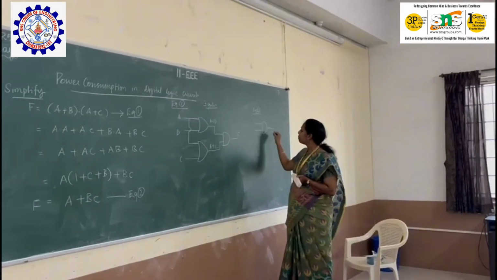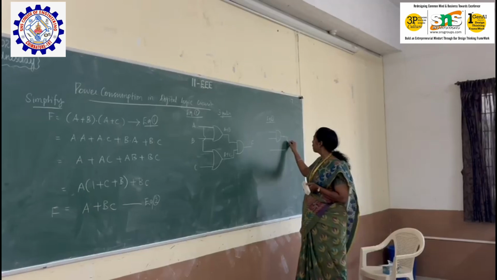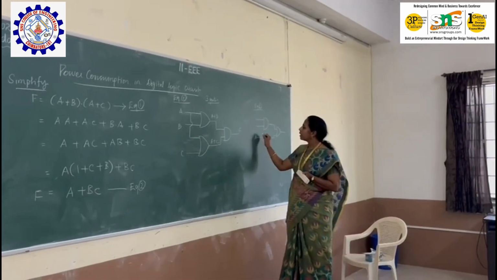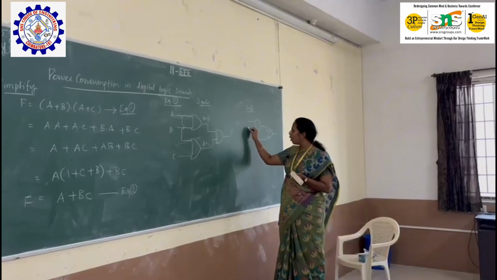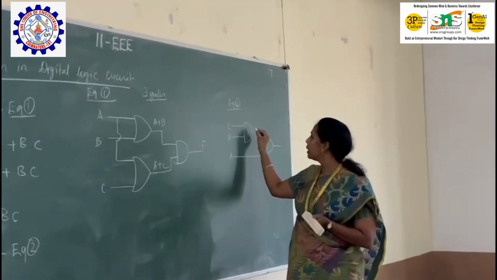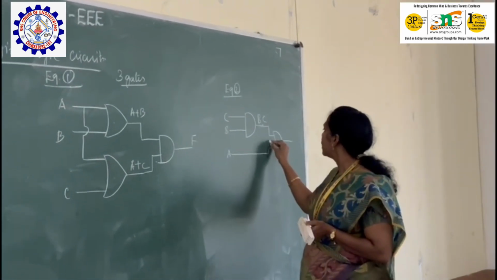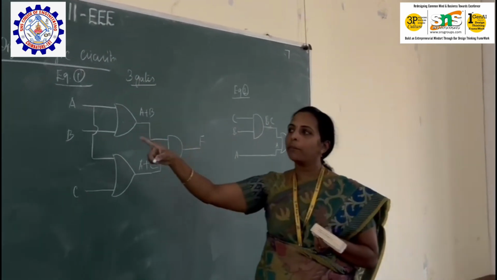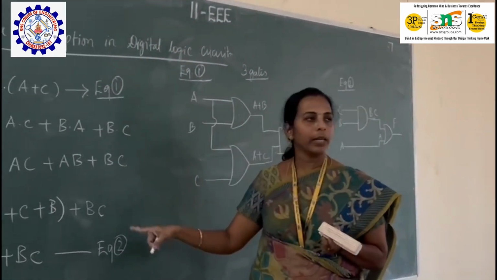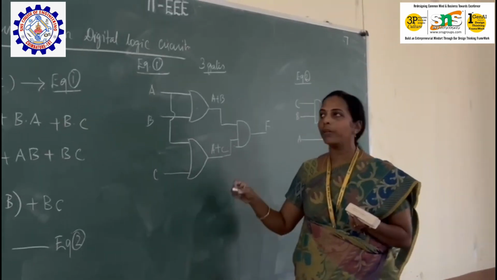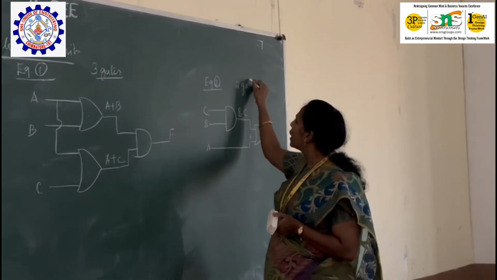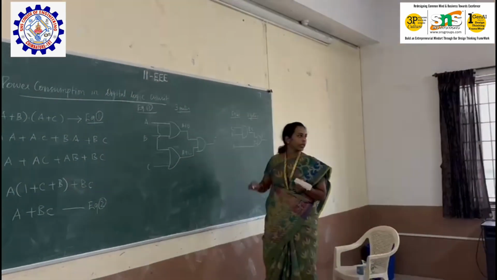Then the output of B and C is given as input to an OR gate with A as another input. So finally we will be getting the expression. The same expression after simplification we have implemented. How many gates are required here? 2 gates. So obviously the gates are reduced, right?